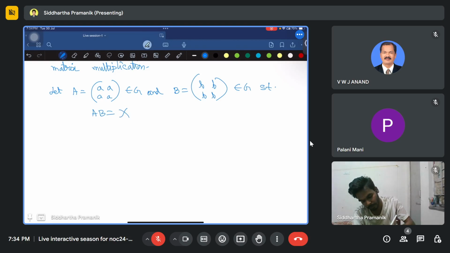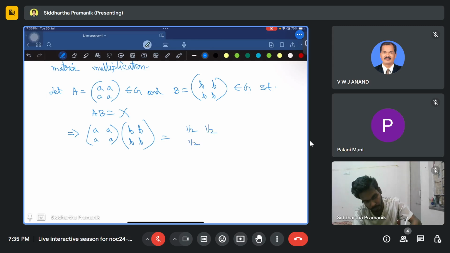Okay, so that means let's do the product again, and our identity element is 1 by 2, 1 by 2 in all four coordinates, and this product is 2AB in all four entries.